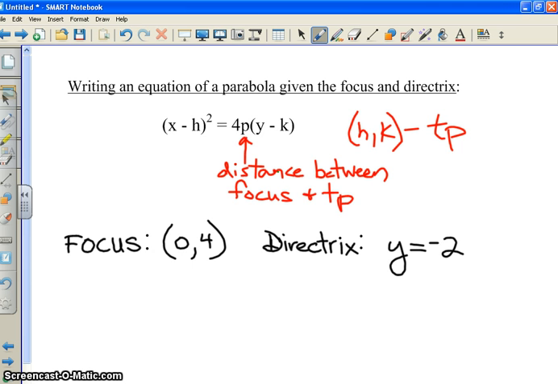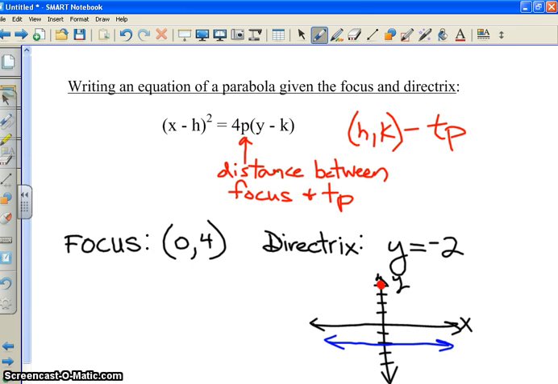So let's sketch ourselves a quick little graph here. And I'm going to make some tallies for scaling on the y-axis so that we can mark these off. The focus is at (0, 4). There's my focus in red. And then my directrix at y equals negative 2 is down here.